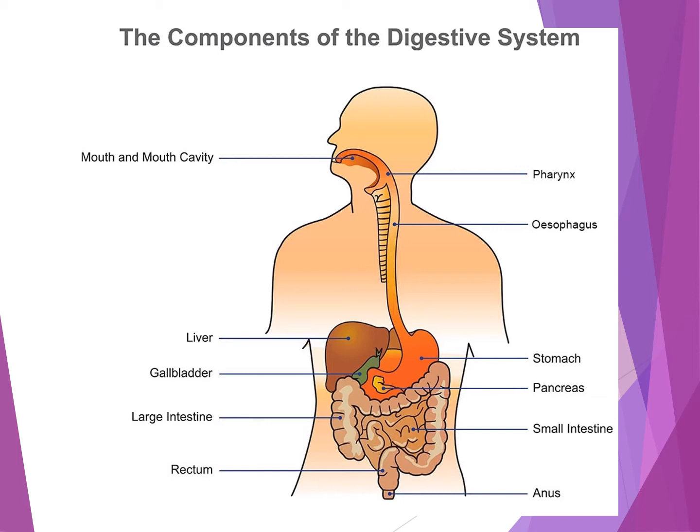The digestive system has a process for moving this food product through, which allows it to be broken down, and then once it's in small enough particles, it can be absorbed, and what is not absorbed gets eliminated.